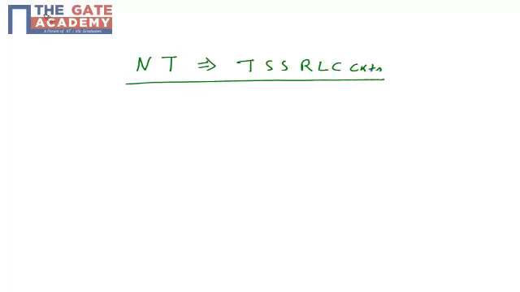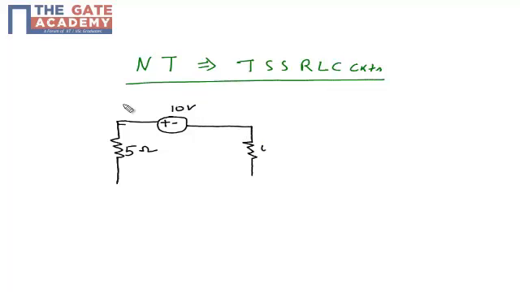In the problem we have an RC network in which there is a resistor of 5 ohm, followed by a voltage source of 10 volt, and there is another resistor attached with a value of 4 ohm.